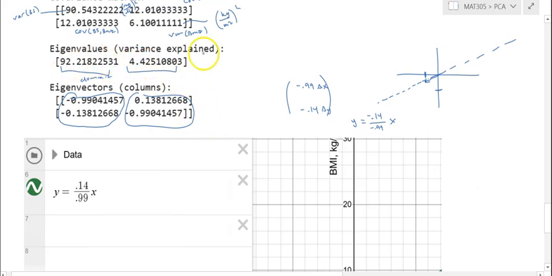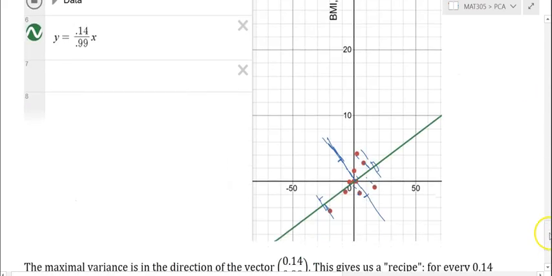Now, if I look at the 92.2 relative to the total, which would be around 96.6, then notice this approaches 100%, but let me give you an actual measurement. 92.2 out of the sum of the eigenvalues is about 95.4% of the explained variance, given by this direction right here. That's pretty cool, and again, this just gives me a recipe.